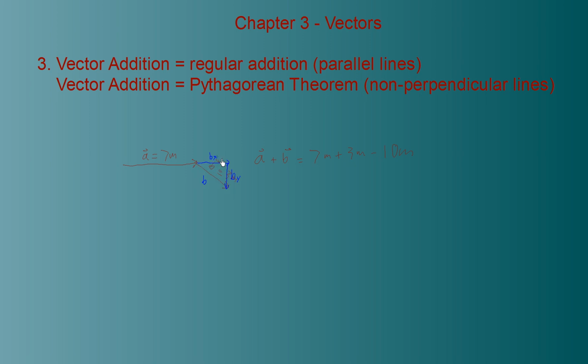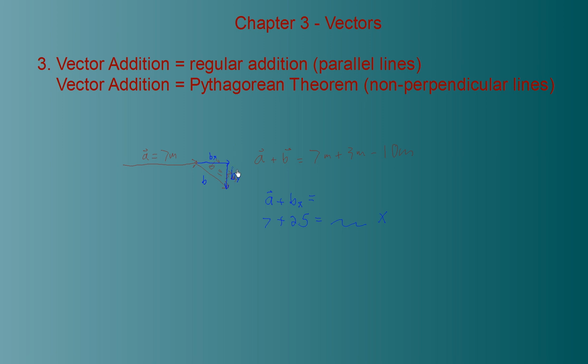I can easily, using SOHCAHTOA, figure out bx and by, and then what I do is I can add a plus bx because they're parallel. That's like 7 plus something that's smaller than 3, maybe 2.5, depending on what the angle is. And that gives us our x component in the x direction.